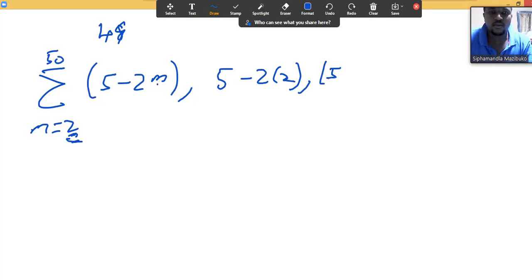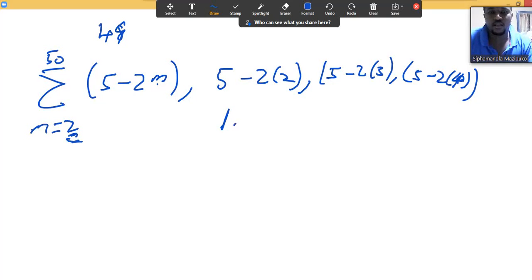Our second term will be 5 minus 2 times 3, and our third one will be 5 minus 2 times 4. So this is 4, so that is our third one. This means we have 1, because 2 times 2 is minus 4.